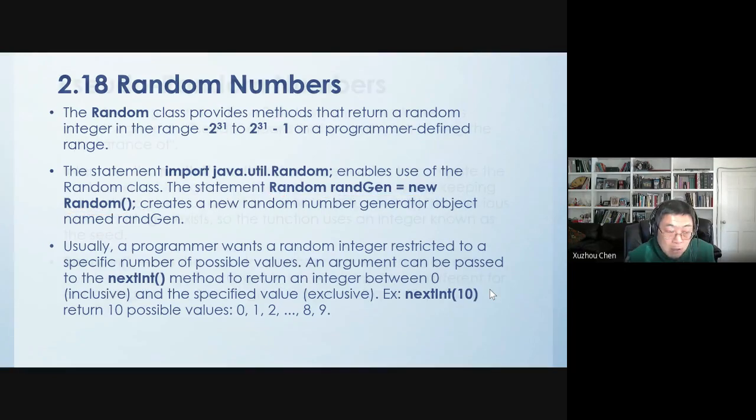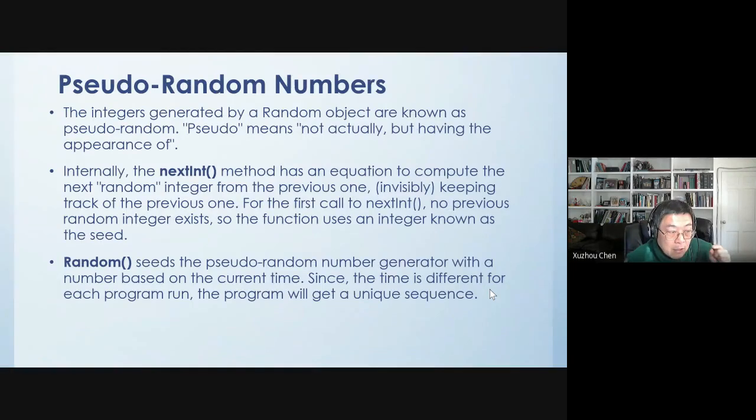Now, the truth is, in Java and many computer languages, the random numbers they generate are not really random. It just gives you the feeling that it's a random number. It's actually a pseudo-random number.